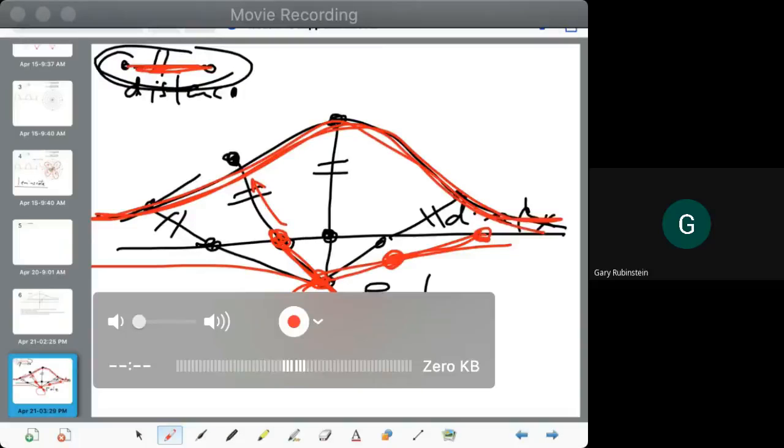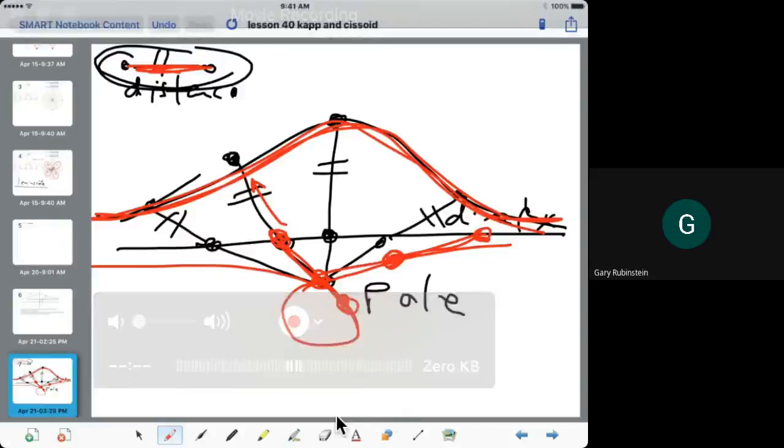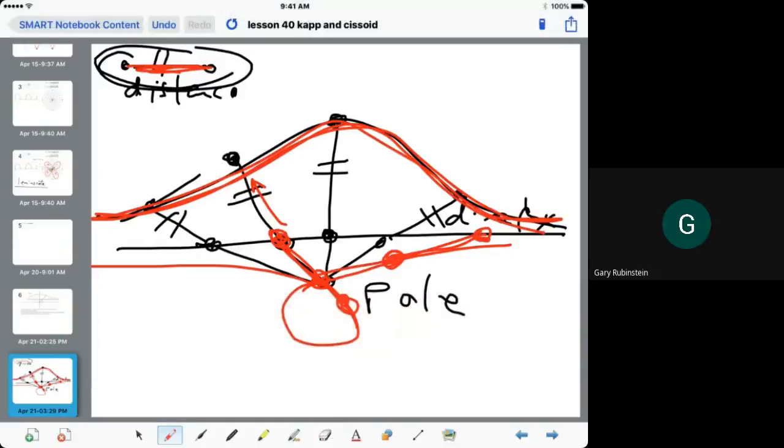And that curve depends on the distance, you can get different shaped conchoids of Nicomedes.